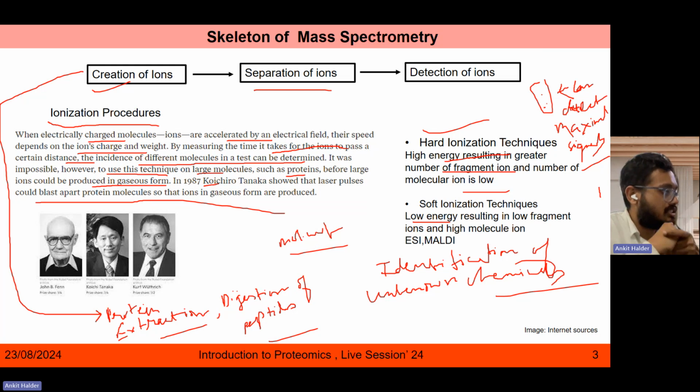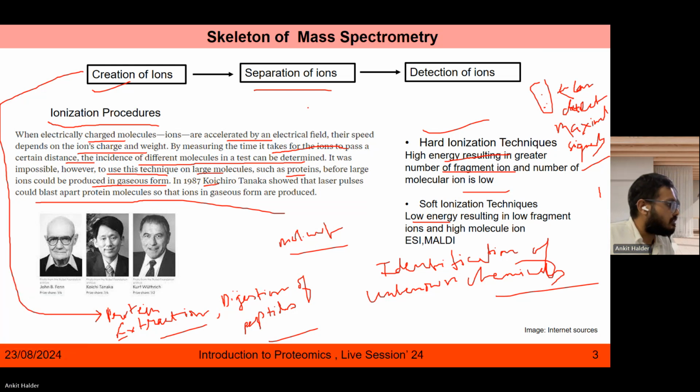If it is a hard ionization technique, then the number of fragments will become very high, and the charge and weight of each ion would be very low. But if it is a low energy one, then it will give low fragment ions. It means that if one molecule is fragmented into, let's say, two fragments, their weight will not be so low. Understood what I can explain to you?